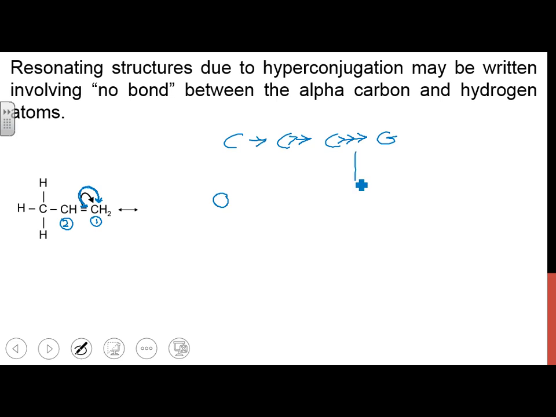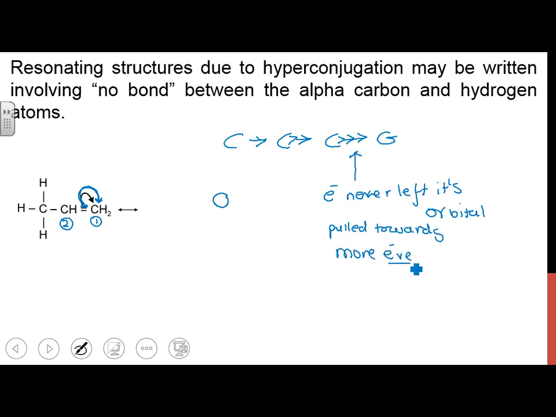But in that carbon chain, electrons never left their orbital. They were only pulled towards a more electronegative element. It never left its own orbital.